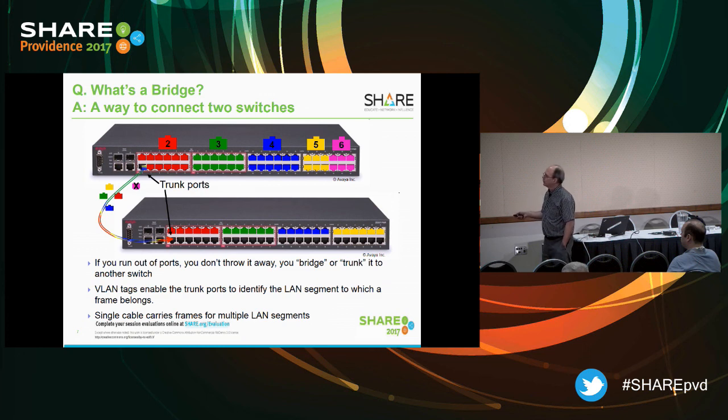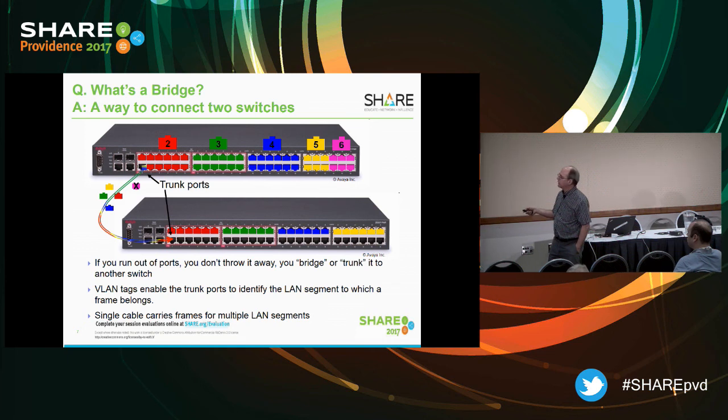And if somebody says, well, we need more, that's not your problem as to how to implement more, that's their problem. All right. So we add these VLAN tags to let the receiving switch know what LAN segment the traffic is for.